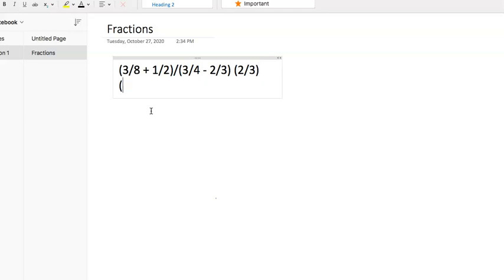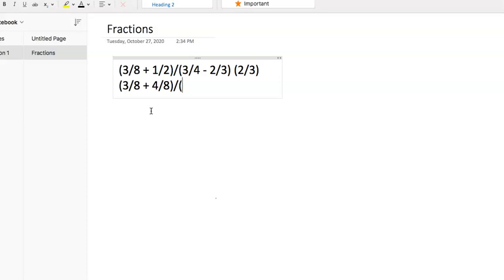First thing, 3/8 plus 1/2, right? We want to get 1/2 up to a number with an 8 in the denominator. So now we'll go 3/8 plus 4/8, multiplying top and bottom by 4, divided by 3/4 minus 2/3.